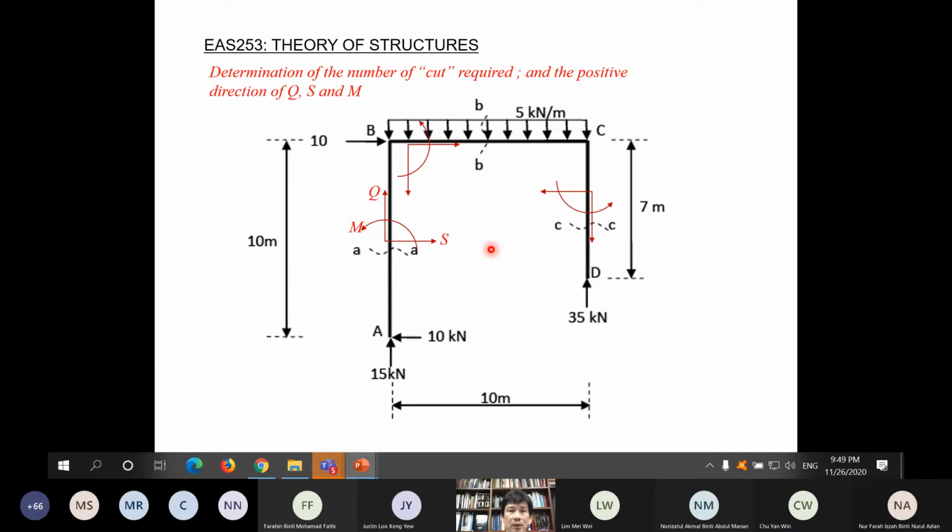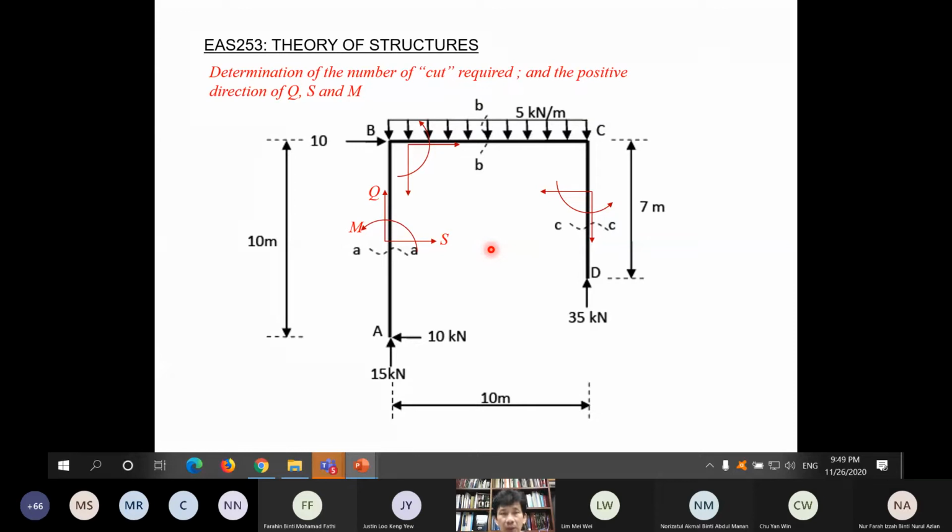So next, after you cut this, then you show the positive directions of shear force, axial force, and bending moment, or Q, S, and M. Now, how to determine this? I will come to this later when we go through this example: how do you define the positive Q, positive S, and positive M for members AB, BC, and CD, or for any other example.